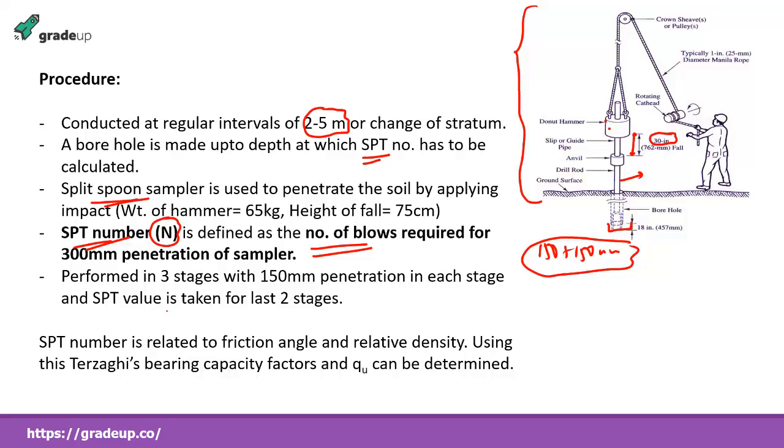Now when we have calculated the SPT number and then we perform the corrections, that is the dilatancy correction and the overburden correction, we get the final SPT value, and that SPT value is related to the internal friction angle.